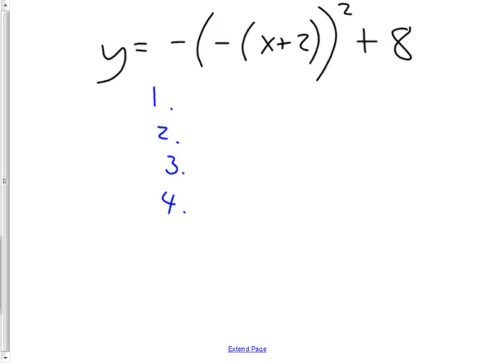The parent in the first place was x squared, which is a parabola. And then what do you do to it? Remember me telling you there's A, B, C, and D? Try to figure out if it's CBAD, or is it BCDA, or is it ACBD? Now I'm just making stuff up.